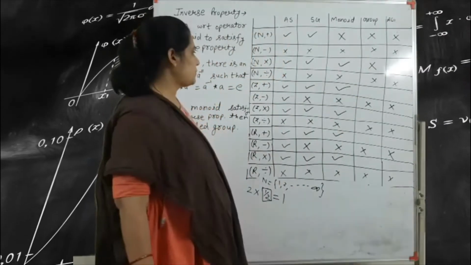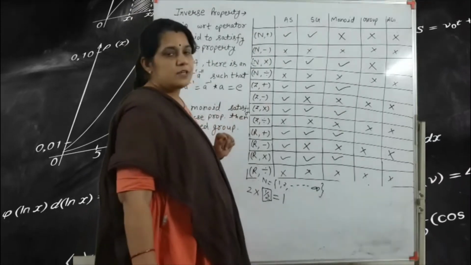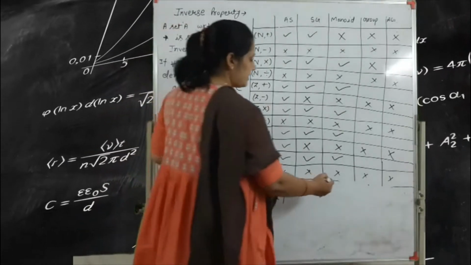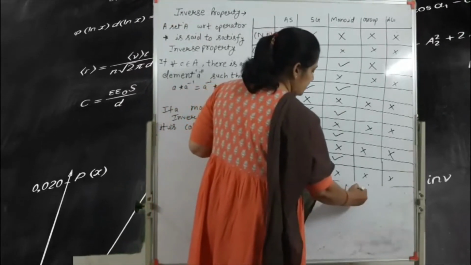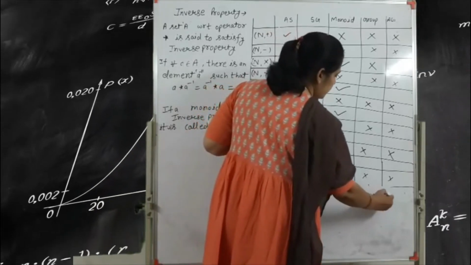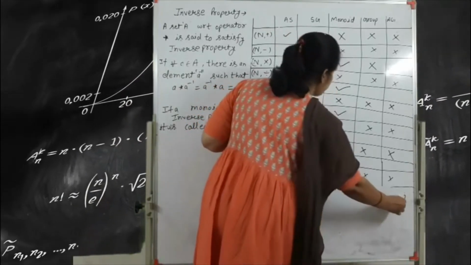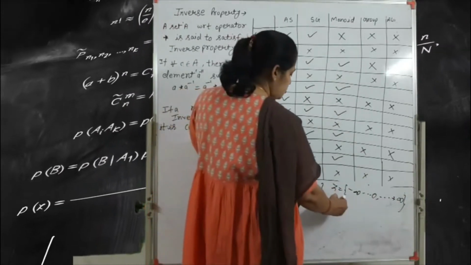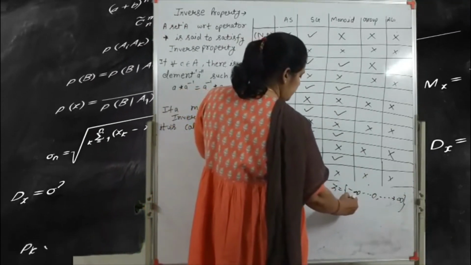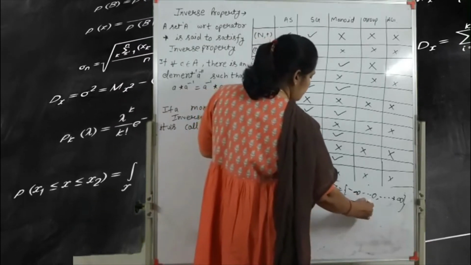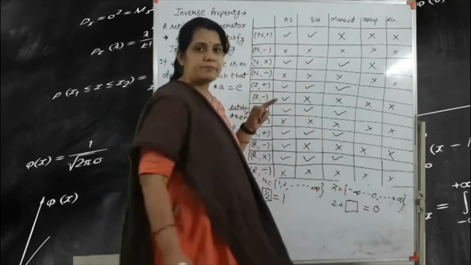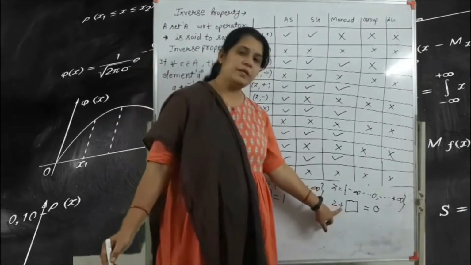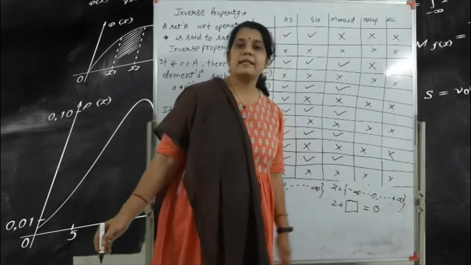Okay, the next one is Z plus. So Z plus is minus infinity to plus infinity, and 0 is also included. If we take 2, which number do we add so that we get the identity element? That is 0, because according to the plus operator the identity element is 0.